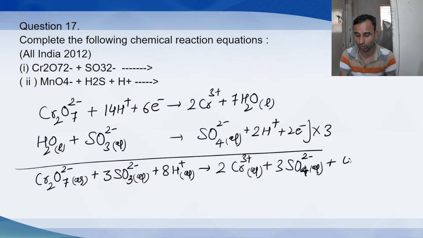So 4H2O, because 3H2O on the left side and 7H2O on the right side. So 4H2O.